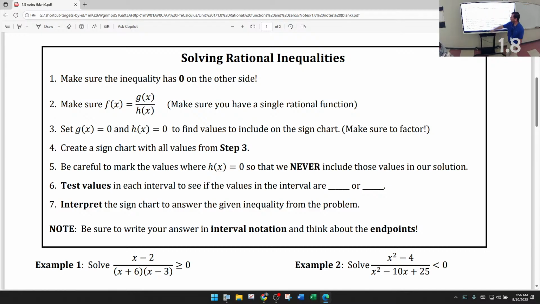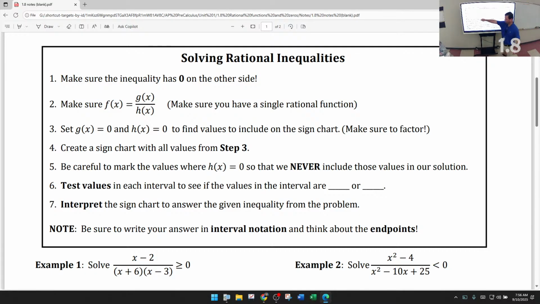Make sure the inequality has 0 on the other side. That's a big key. When it's not equal to 0, we know it has to be equal to 0. So sometimes you got to move things to the other side. Always remember that. If it's not linear, I don't care what the function is, you've got to set it equal to 0. Only way to solve them.